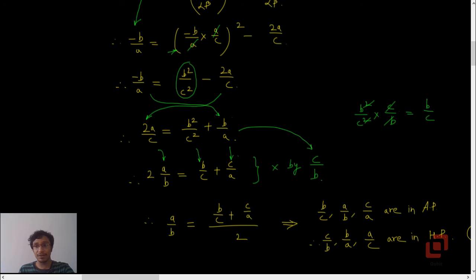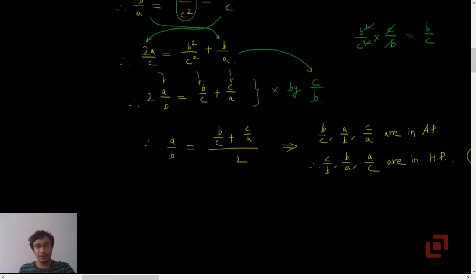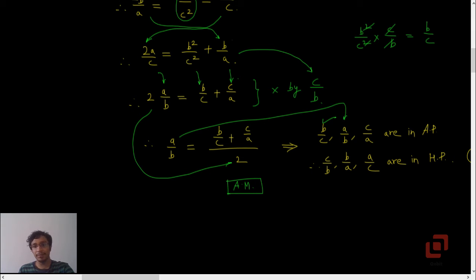Now you observe that if you shift this 2 to the other side, a upon b is actually the arithmetic mean of b upon c and c upon a, because you are first adding and then dividing by 2. So you now conclude that b upon c, then a upon b, and then c upon a are in arithmetic progression, but don't mark this.